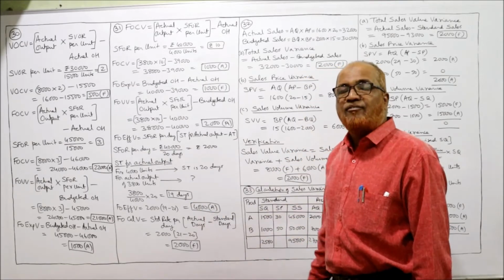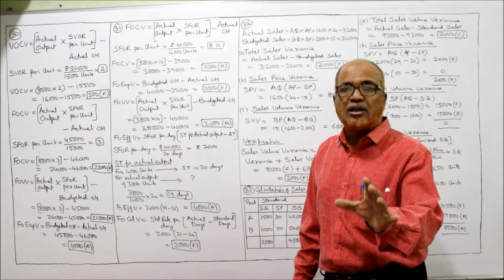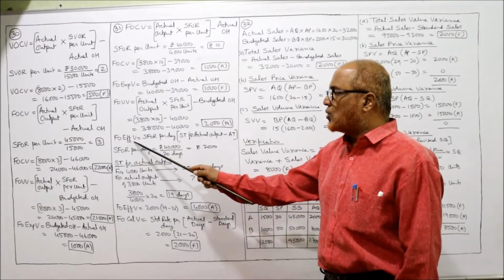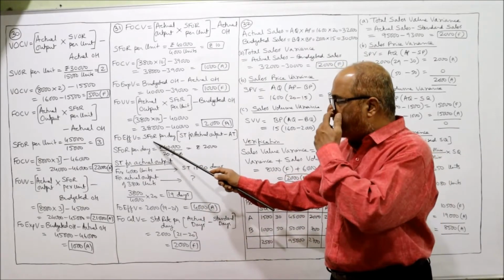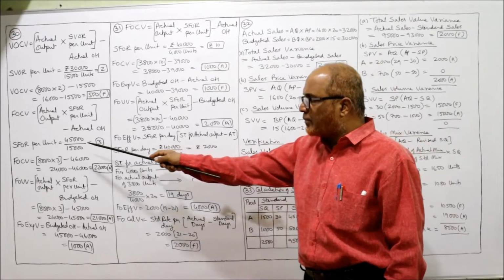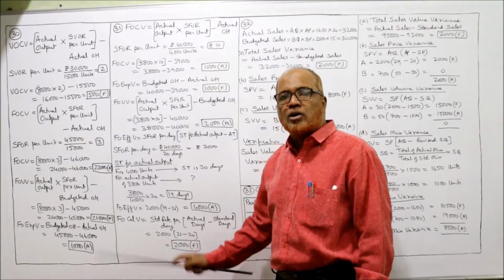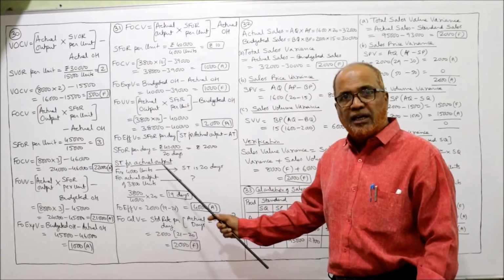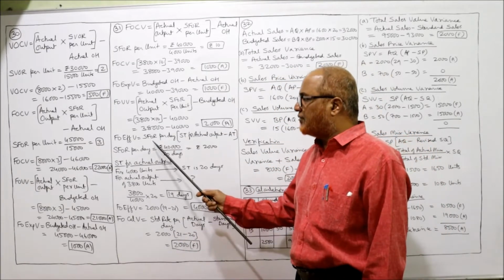Now fixed overhead efficiency variance. Here you need some concentration. Fixed overhead efficiency variance is equal to SFOR per day. In the previous problem we have not applied efficiency because the number of days were not given. Here number of days are given, that's why we have to calculate efficiency.